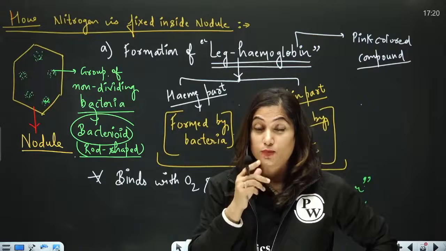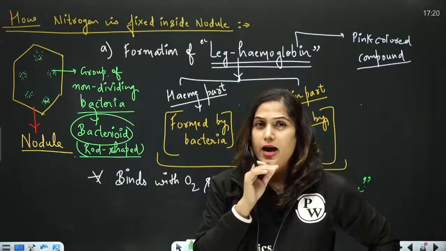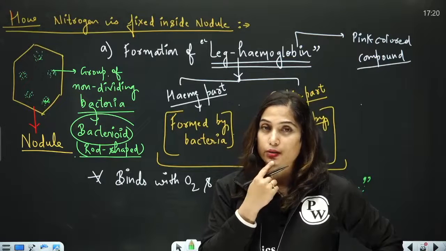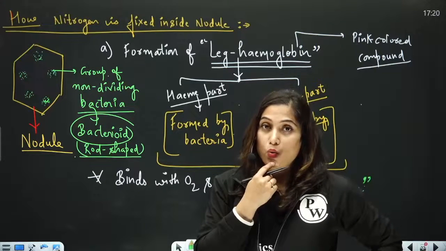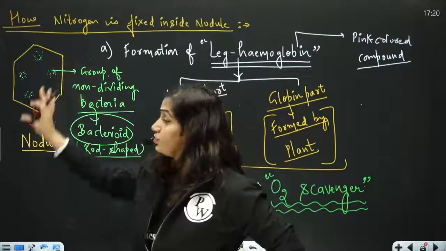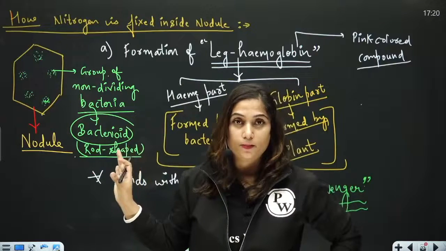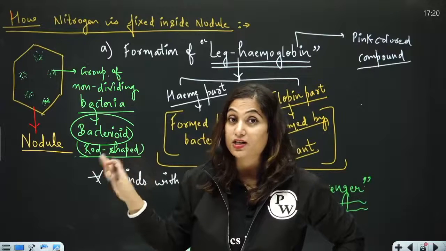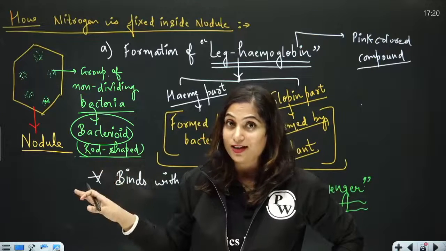Okay. So the plant is saying, okay, I will take care of it. I will make a compound which will clear all the oxygen from the nodule. It will take care that no oxygen is left inside the nodule.